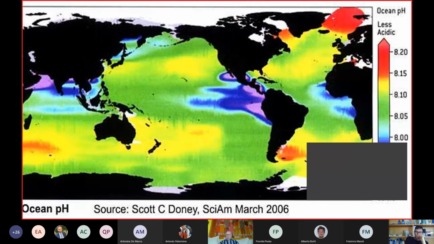And you can see the changes in pH, and you can see that the main acidification takes place, unfortunately, where corals abound. And as you acidify seawater, the process of deposition of calcium carbonate shifts from its deposition into its solution.